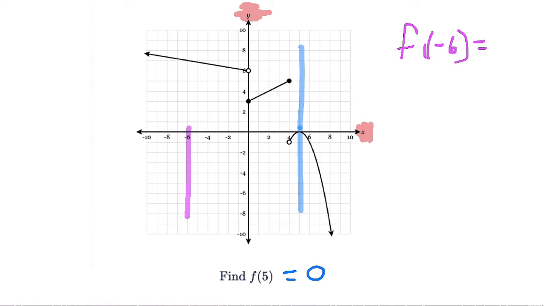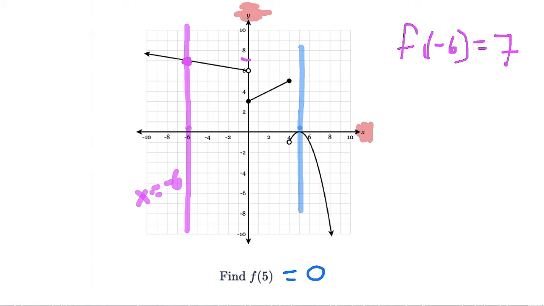That's right here. -6 is on this vertical line, x equals -6. And if we look at where this thing crosses it, it's right up there. What's that value right there? That's 7. So we use different parts of this graph depending on what our x value is.